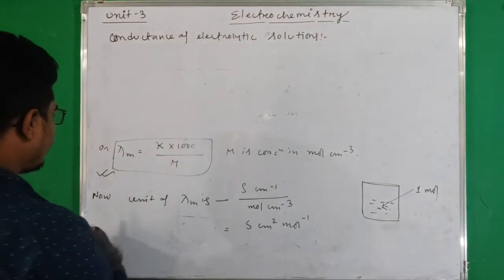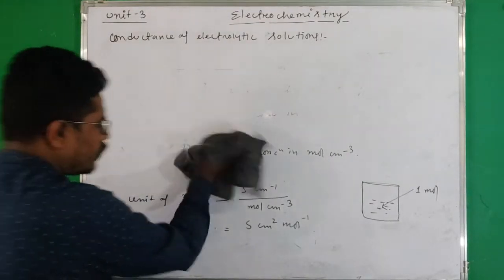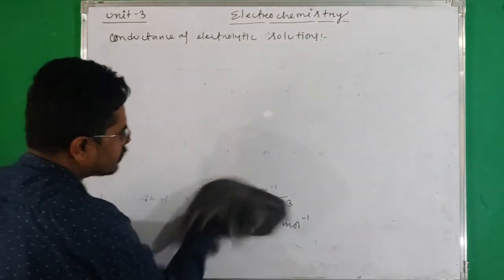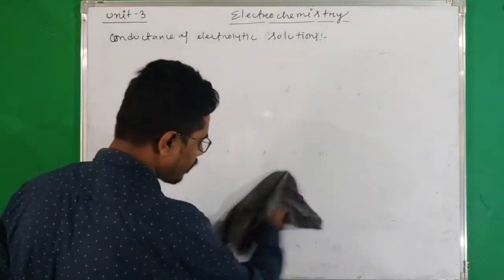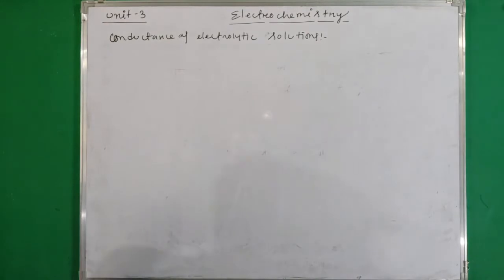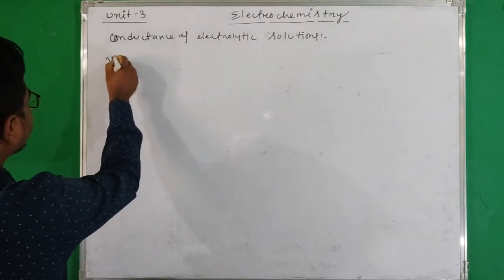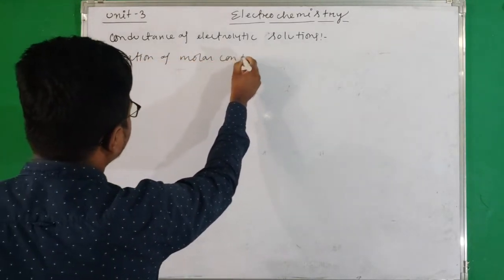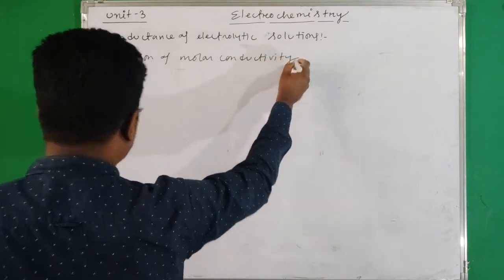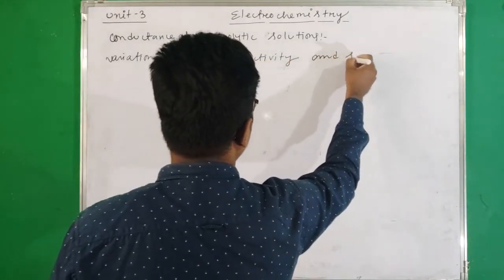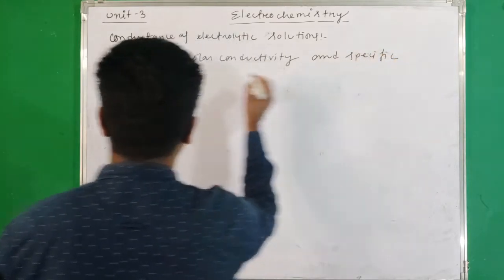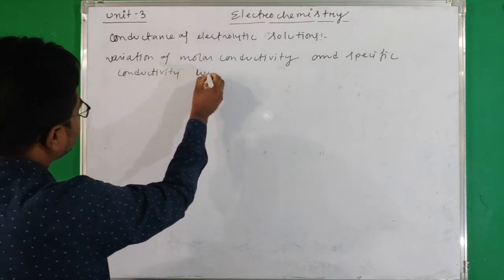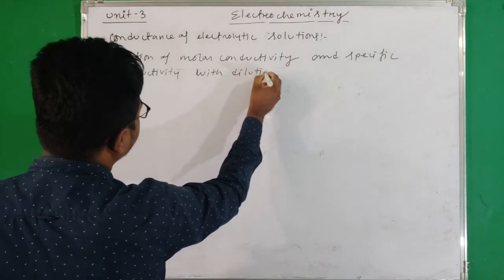So our heading is variation of molar conductivity and specific conductivity with dilution.